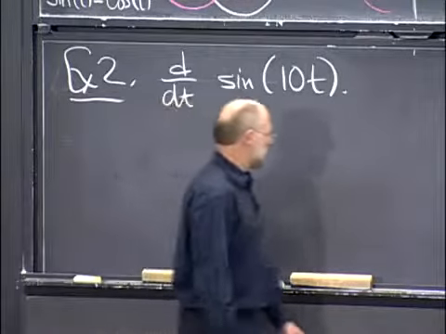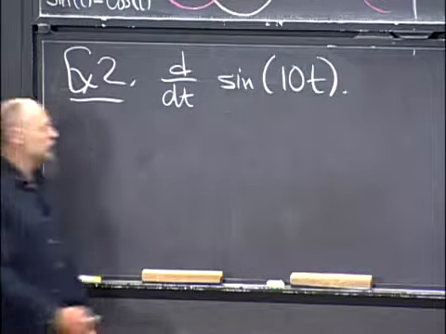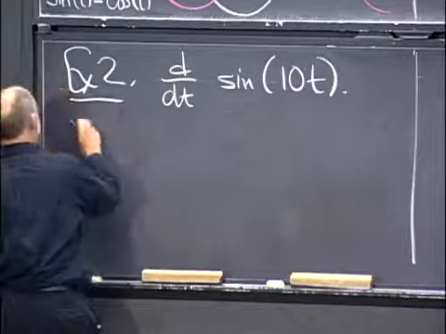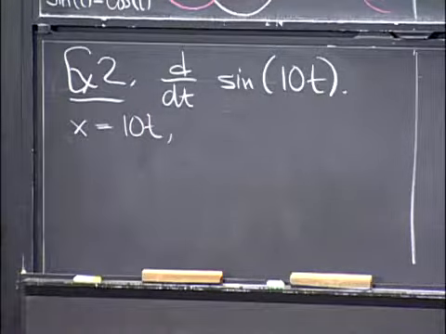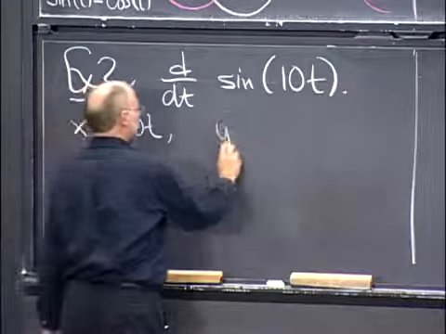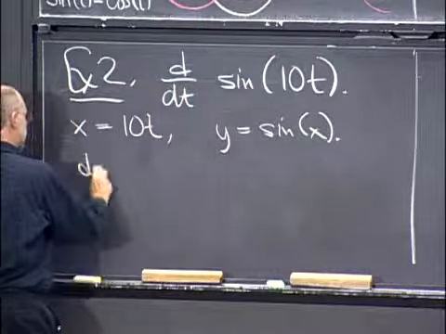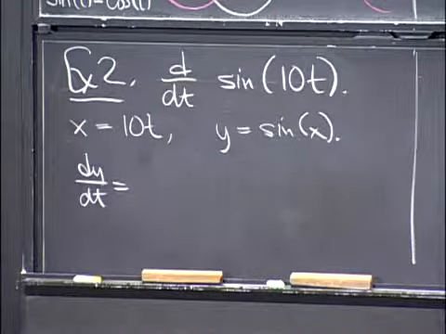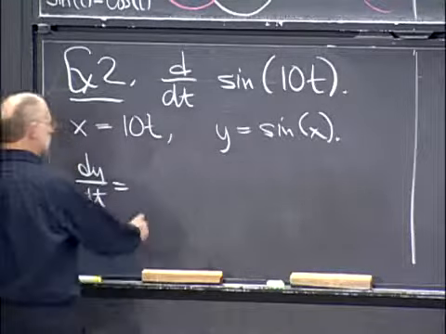Now, again, it's a composite of two functions. What's the inside function? I'll introduce this new notation. X is 10t, and the outside function is the sine. So y is the sine of x. So now the chain rule says dy/dt is, let's see, I take the derivative of the outside function, and what's that?